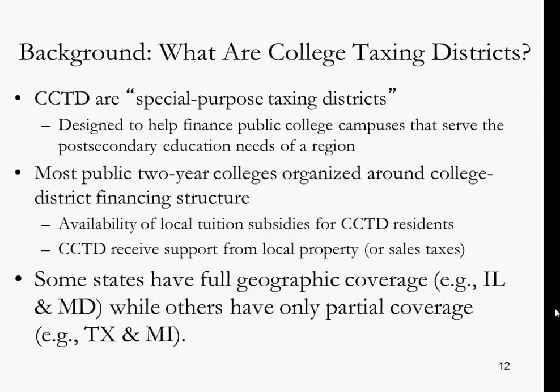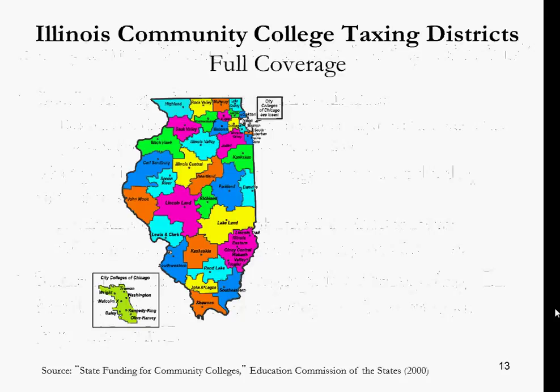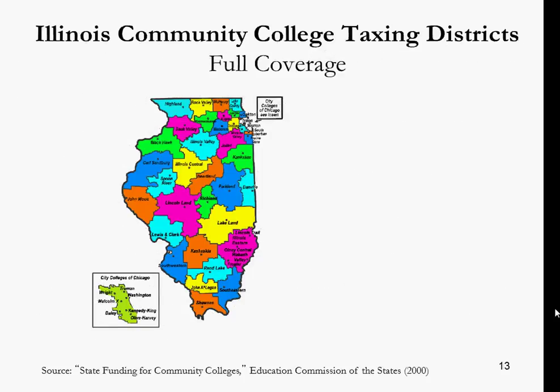Now, Texas is a little different than many states. In some states, taxing districts fully cover the entire state, i.e., if you live somewhere, you're in at least one taxing district. Illinois is one example. So you can see these different areas here, which cover the entire state of Illinois, are different taxing districts. Texas, though, has some areas that aren't in any taxing district.